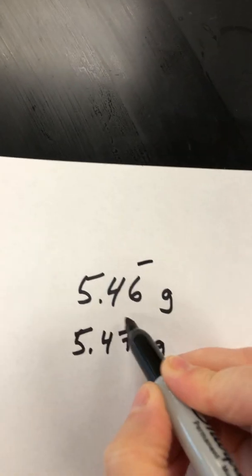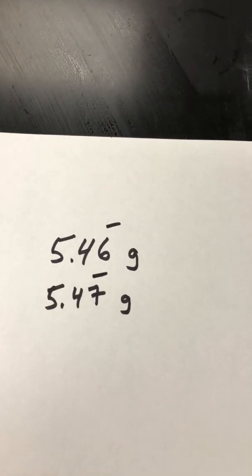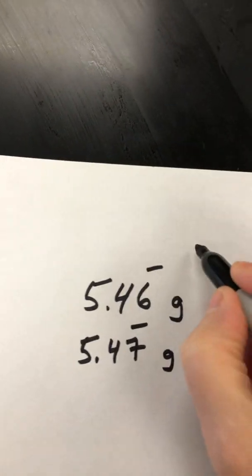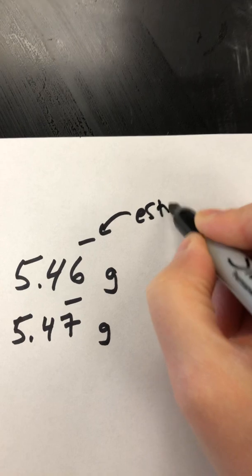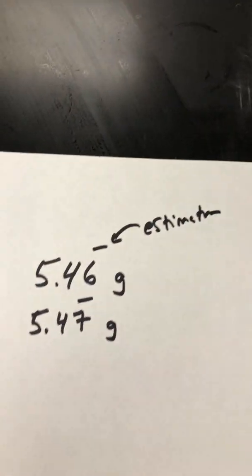So let's take a look. So if your mass is 5.46 grams and somebody else's digital balance, same piece of equipment, says 5.47. This is the position where our digital balance keeps flickering. And so this is the place of estimation.